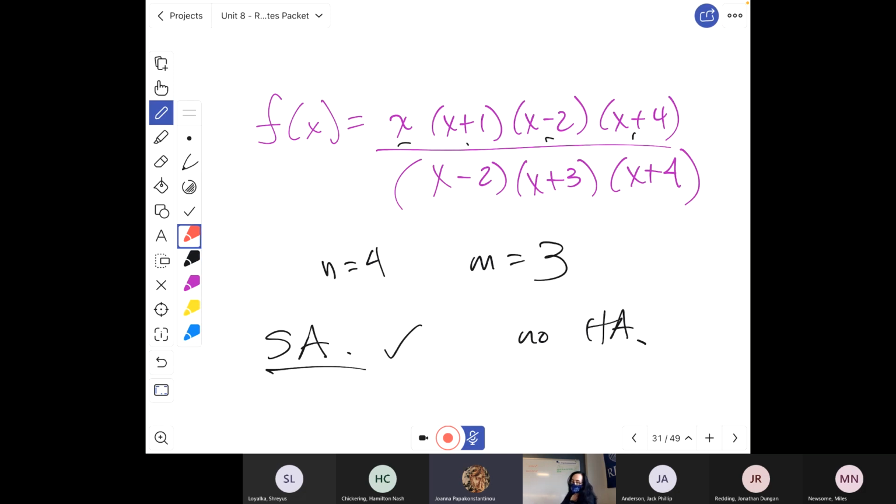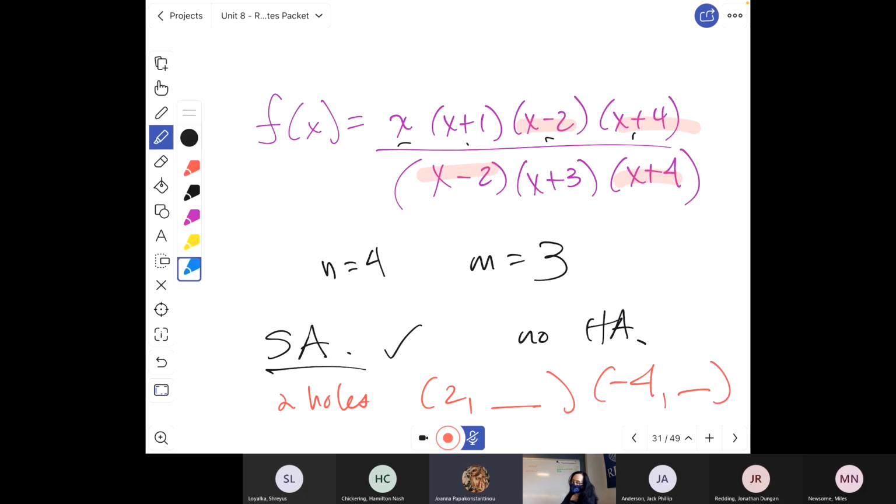Can you tell me anything else about discontinuities? I see two holes, right? One where x is 2, I need to find the y. One where x is -4, and I would have to find the y. To find the y, I'm looking at what's left, right? Now, Amelia, I think you already pointed out, there's something else going on. What's going on?